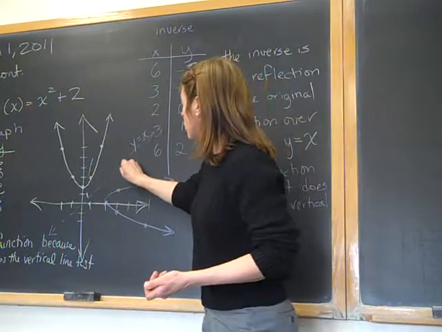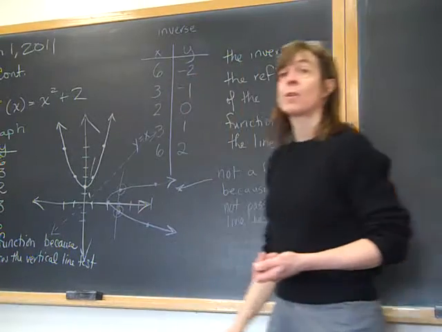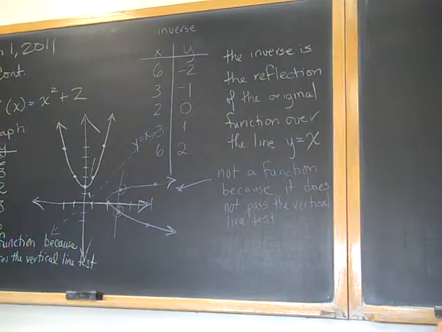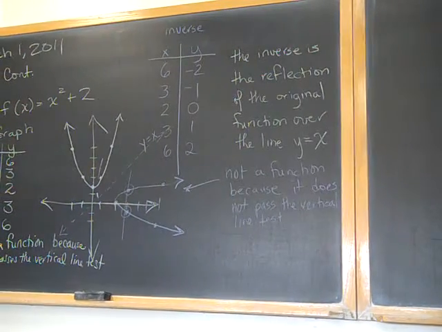So that means we could draw a vertical line somewhere and it would hit this graph more than once. So it is not a function.